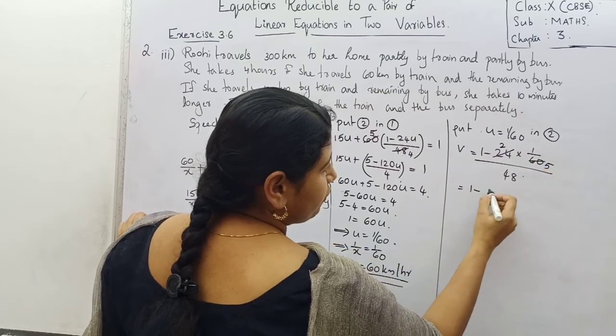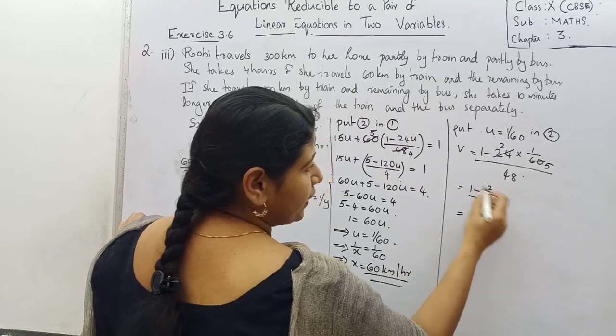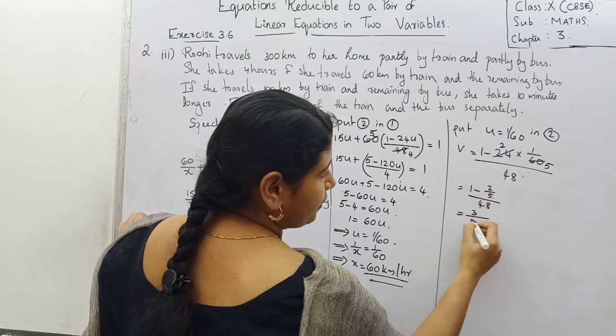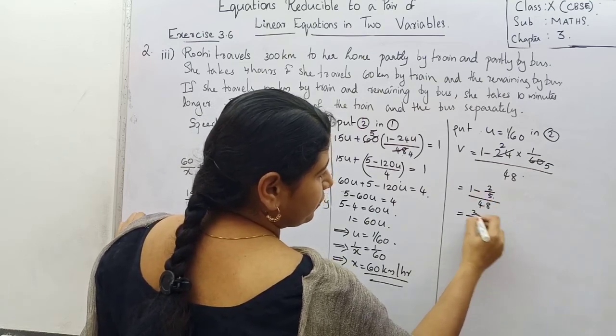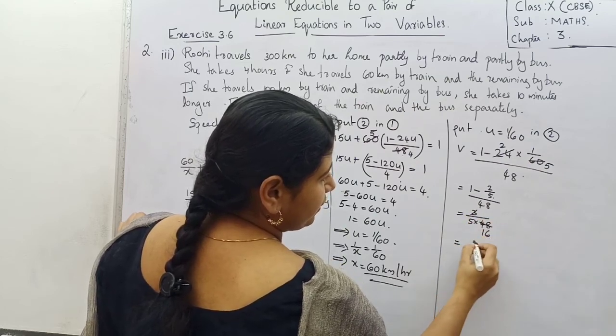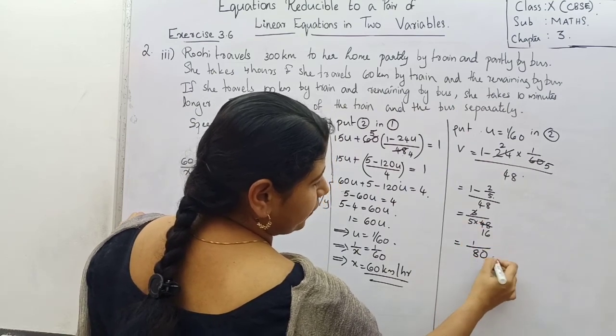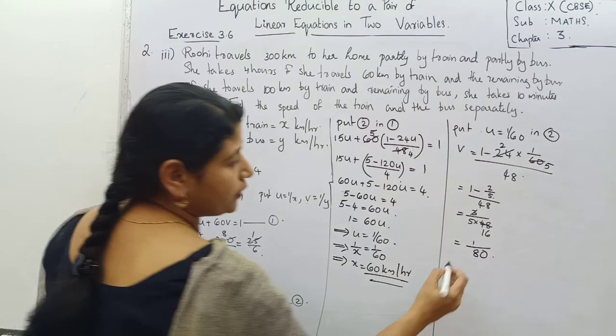So we can write 1 minus 2 by 5, by 48, or 5 into 1 is 5 minus 2, 3 by 5 into 48. 3 can be cancelled into 16, 3 into 16 is 48. So we can write 1 by 16 into 5 is 80. Okay, so this is v.